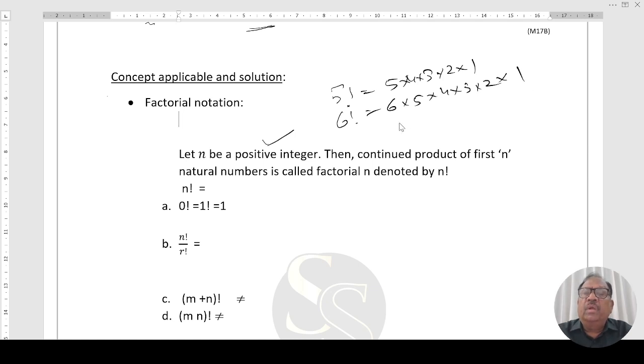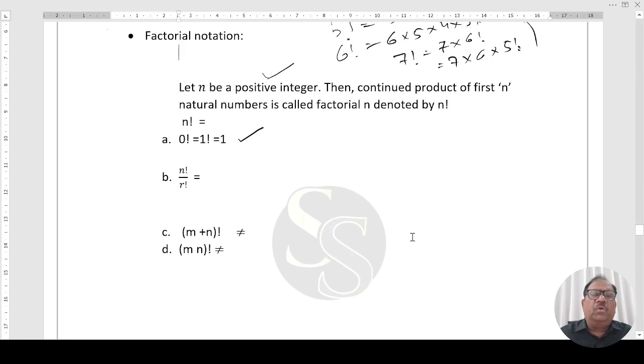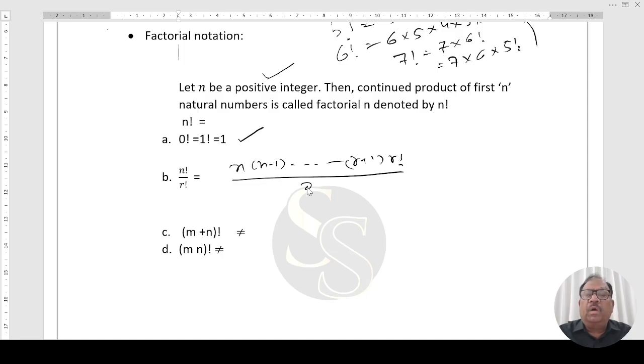Suppose factorial 7, we can also write it as 7 into factorial 6, or 7 into 6 into factorial 5. Depending on the requirement of the question, we can stop in between. Now factorial 0 has value 1, factorial 1 has value 1. Now in this case, a higher factorial can be reduced into a lower one. Numerator can be reduced from n down to r plus 1, with factorial r stopped in between according to the requirement, in the denominator factorial r.